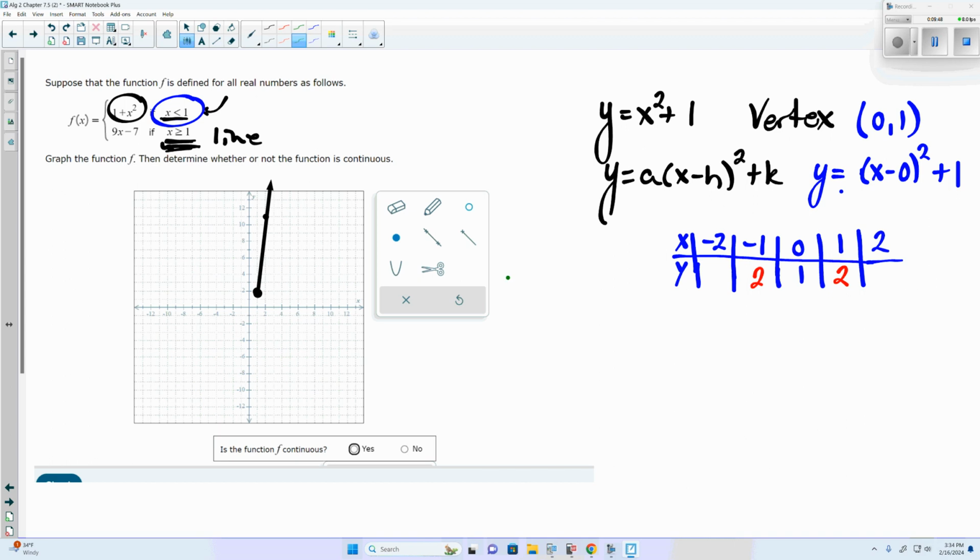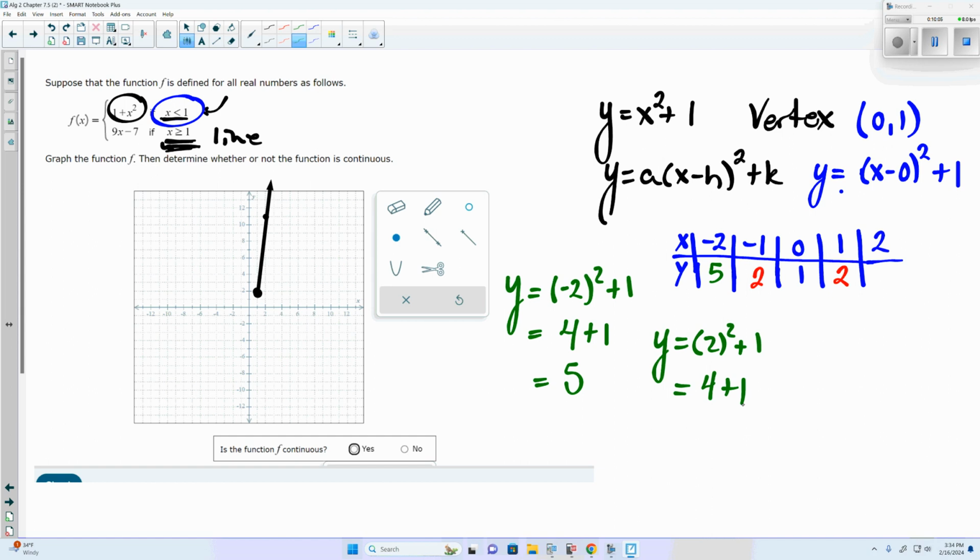So if we do the same thing for negative 2, negative 2 squared plus 1, well, negative 2 squared is 4, 4 plus 1 is 5. And if we check it with the last one, 2 squared is 4, 4 plus 1 is 5.